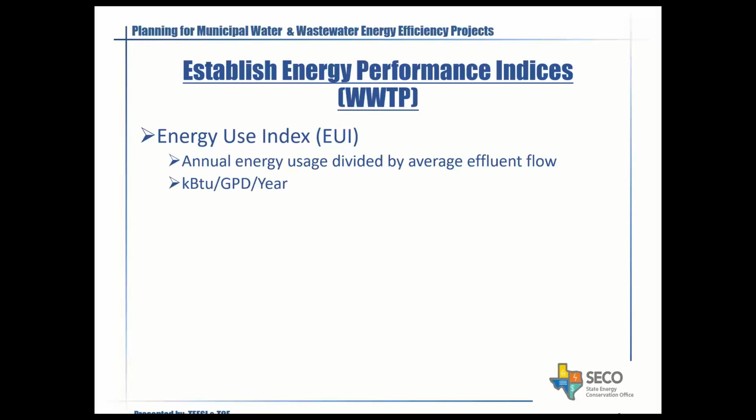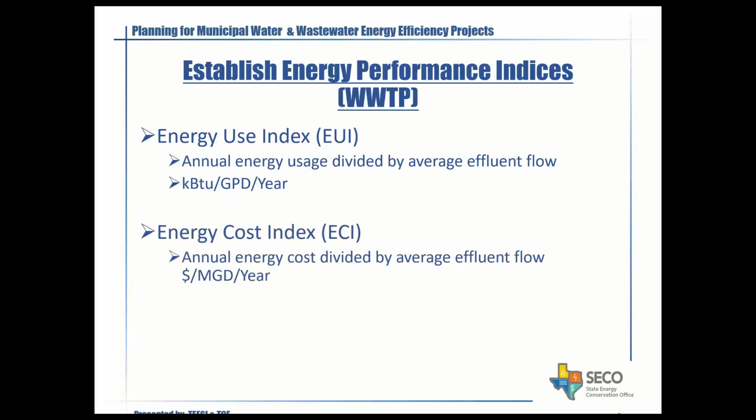Wanted to go over two very important indices that are used. They are also used for buildings, but also for water wastewater facilities. One of them is called Energy Use Index, which is annual energy use divided by average effluent flow, and that is in BTUs per gallon per day per year.